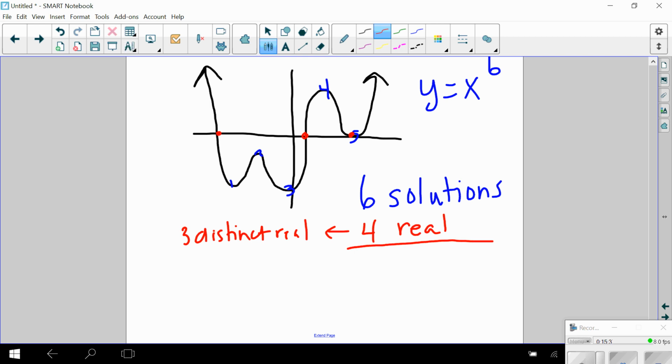So that means I have how many imaginary? 2 imaginary. So if this was a test question and they asked you to describe the solutions, you would say you have 3 distinct real solutions and 2 imaginary solutions.